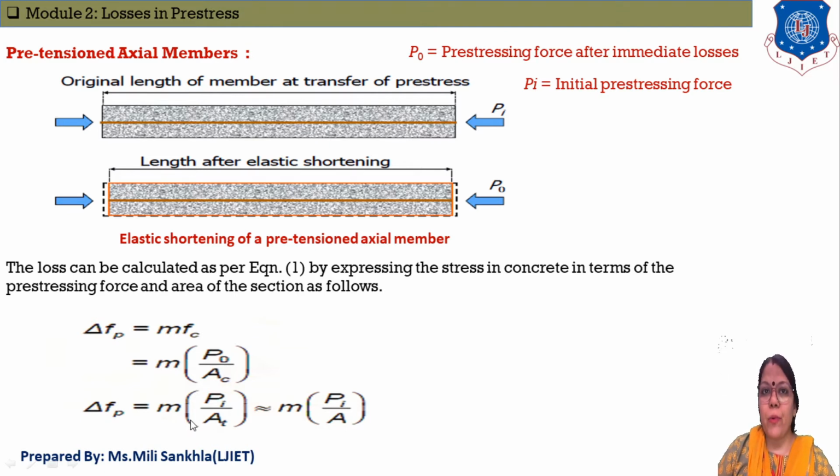For calculation purposes, we take the immediate loss as equivalent to the initial prestressing force, so P0 is equal to Pi, and the area of concrete is the area at the transfer stage. So fc is equal to Pi divided by the gross area, where Pi is our initial prestressing force and A is the gross area, the summation of the area of concrete plus prestressing steel.